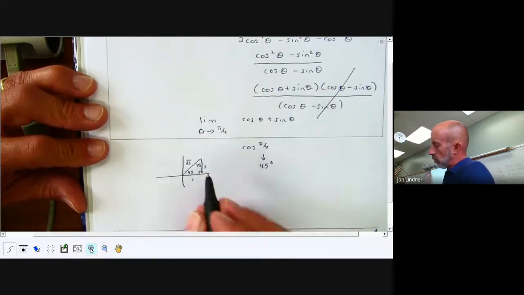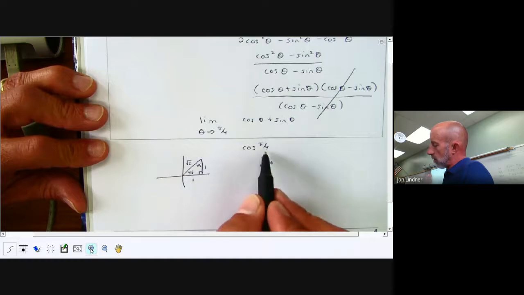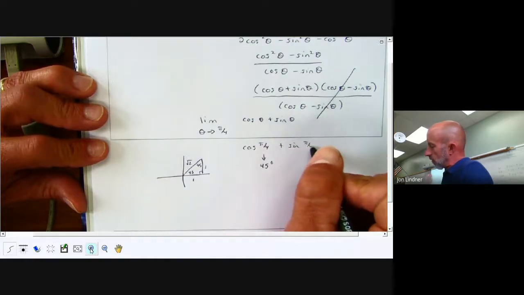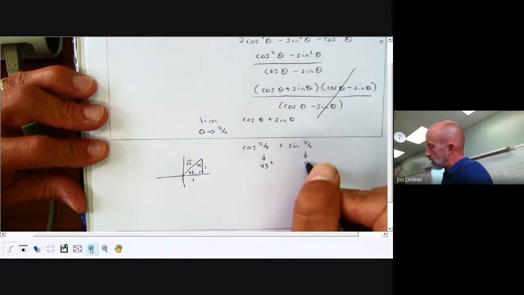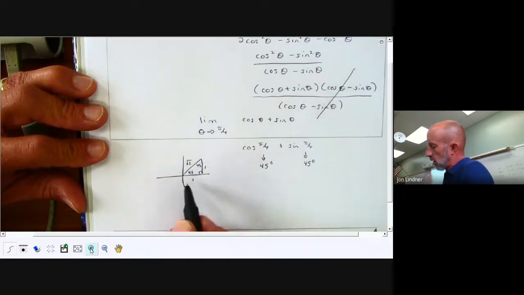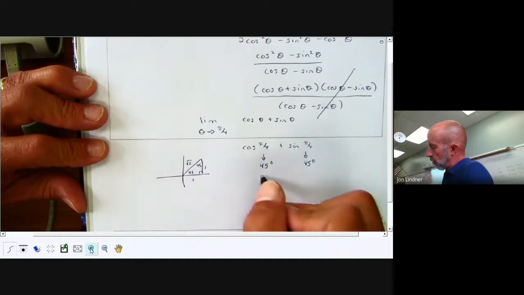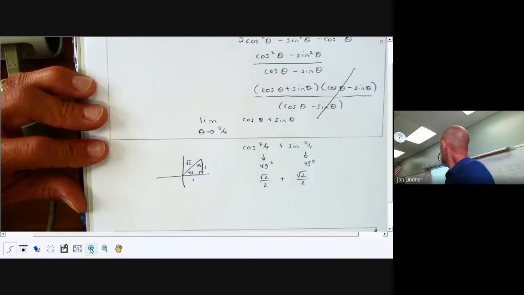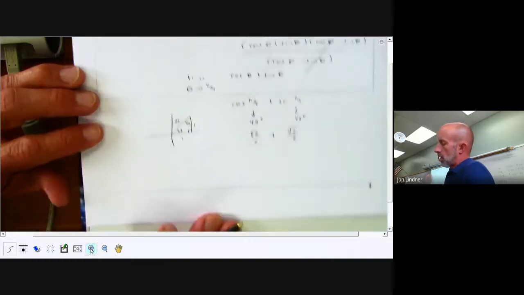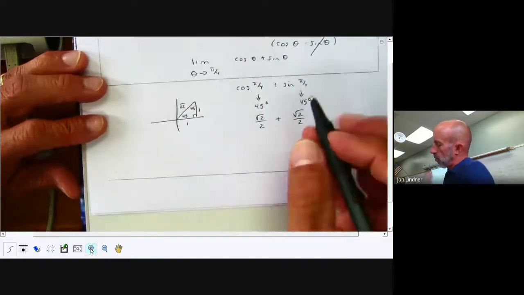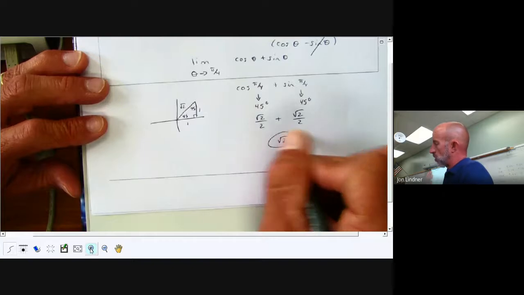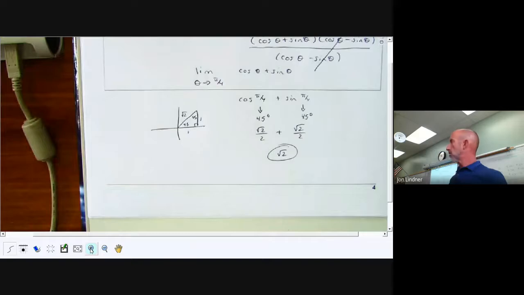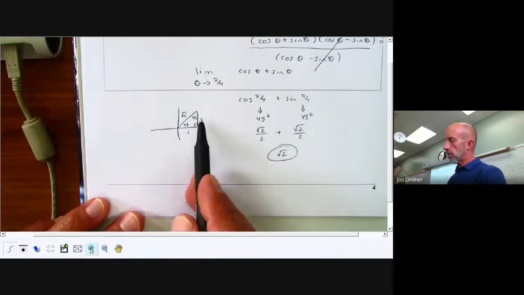And so we remember that the cosine of 45 and the sine of 45 are the same thing because of these ones. They're both radical 2 over 2. All right? And so a half plus a half makes a whole. This is just the square root of 2. All right, going back and using the bow tie method.